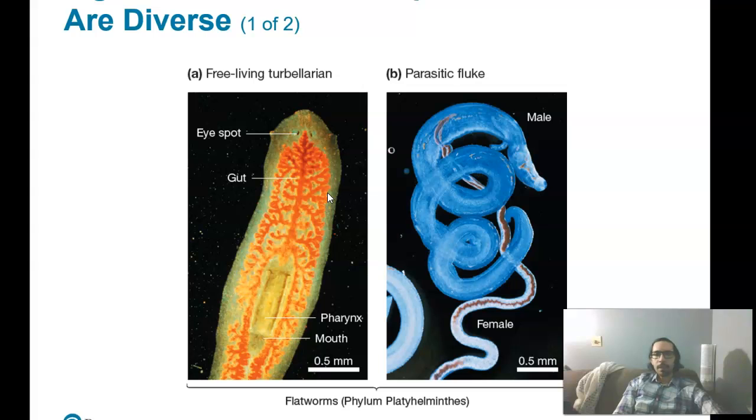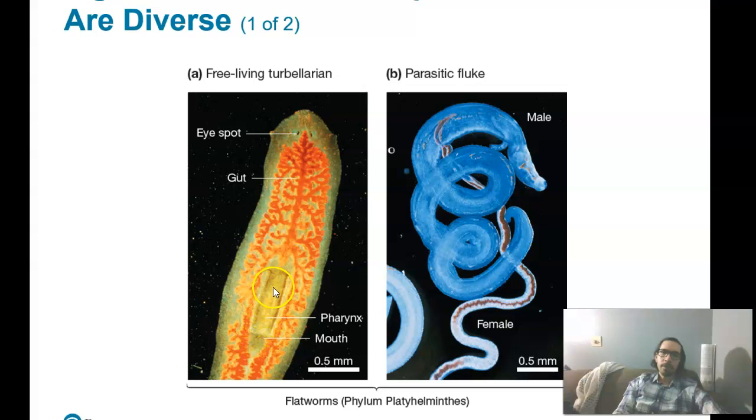diverticula. This helps the animal deliver nutrients to the rest of the body because they do have an incomplete digestive system. They only have one opening, which is the mouth. So they do consume food through the mouth.